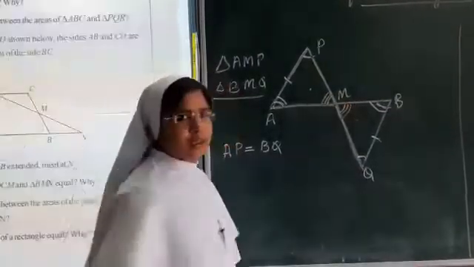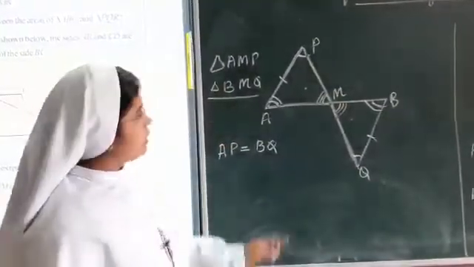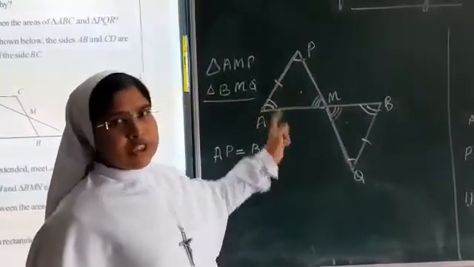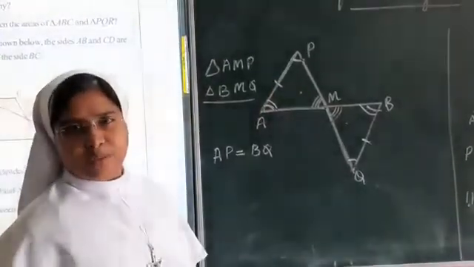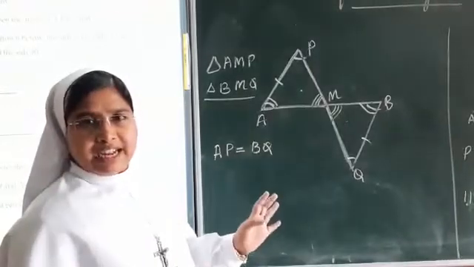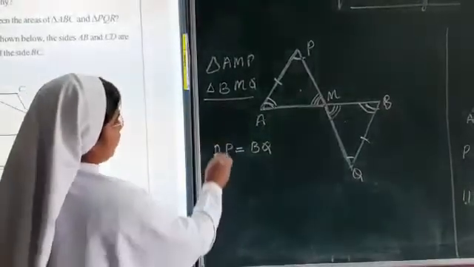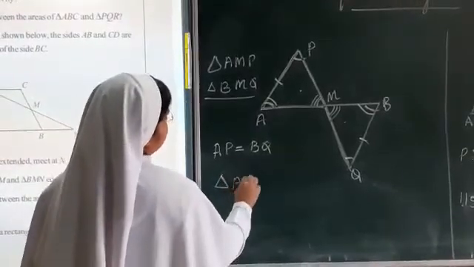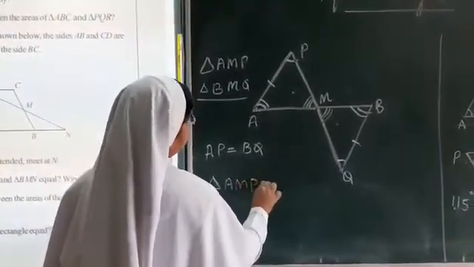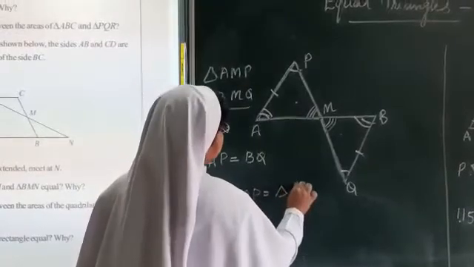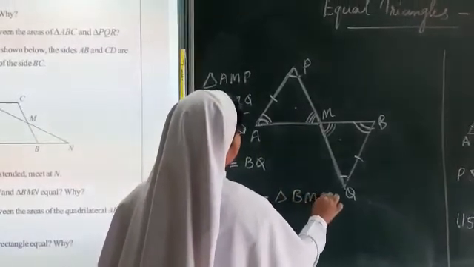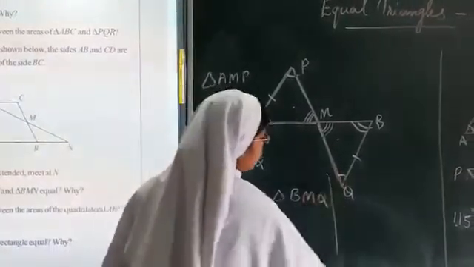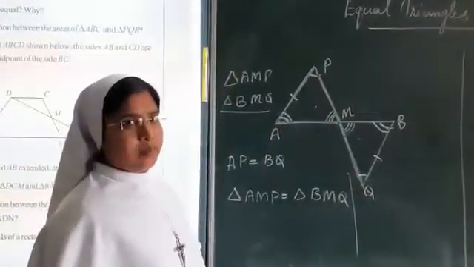So this angle also will be equal, and the sides opposite those angles also will be equal. Therefore, the triangles are equal. Therefore, we can say that triangle AMB is equal to triangle BMQ. Why? Because of using the third general principle.